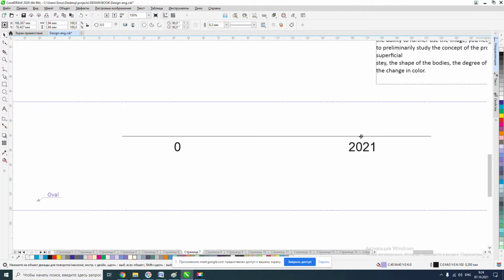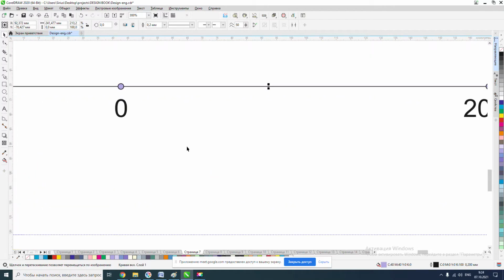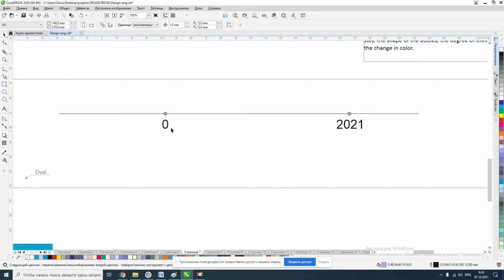Okay, but what is 0? We start to count from 0: 0, 1, 2, 3, 4, and come up to 2021.